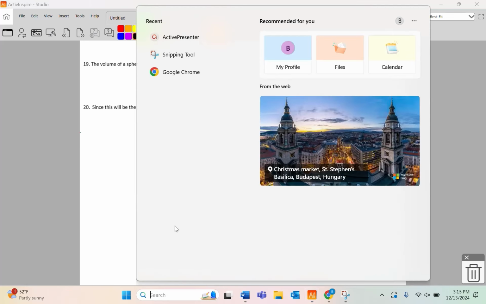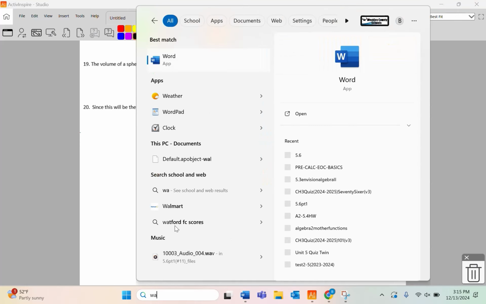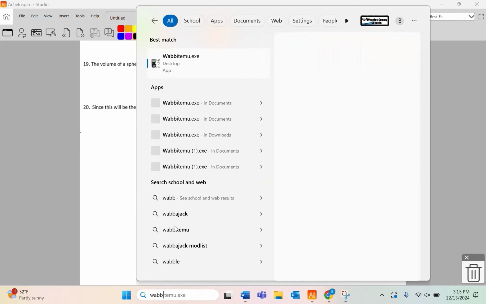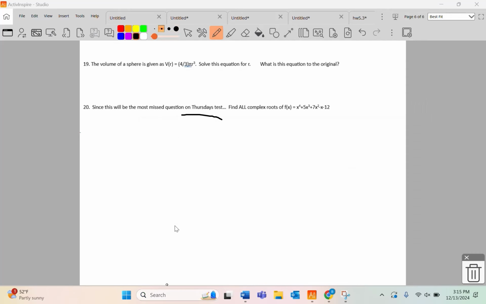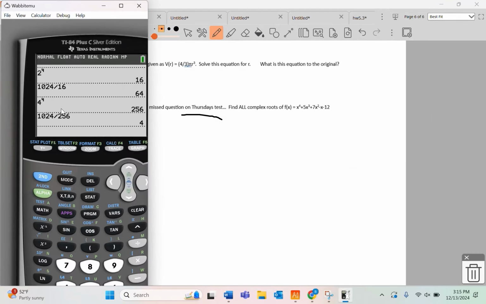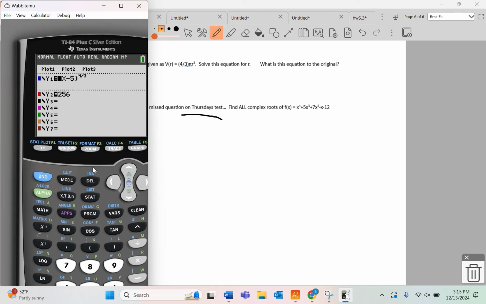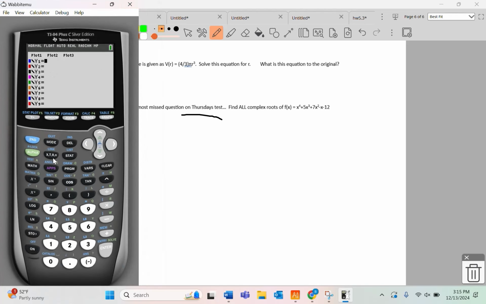I'm going to grab my TI-84, and I'm going to look at the graph. Like, look at the graph. That'll give you half of it. I don't understand why this is such a hard skill, to go to y equals.